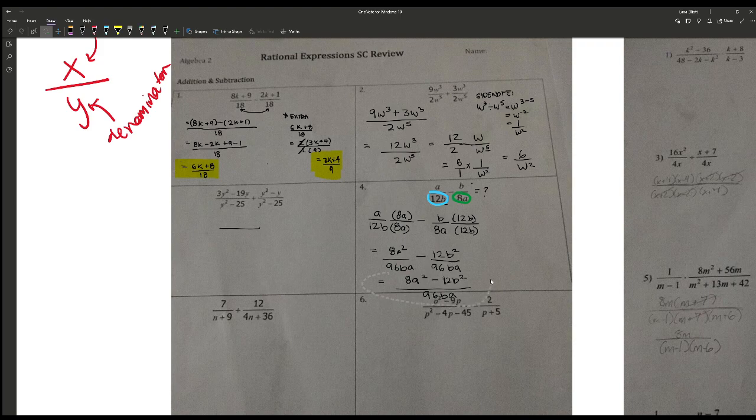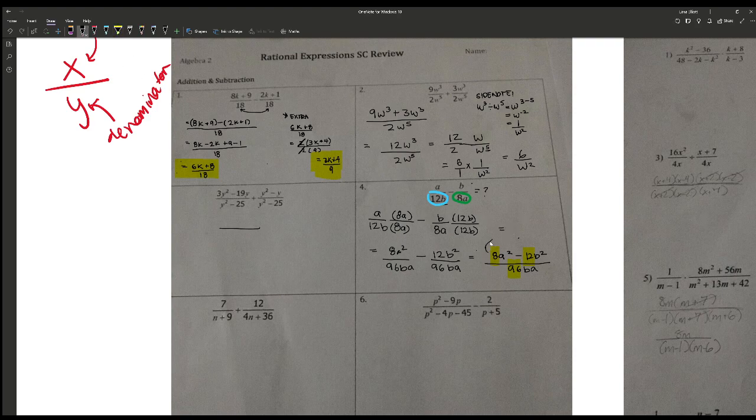So what we get from this, you can totally reduce it because, as you can see, all of these are even numbers. 8, 12, and 96. I'm not going to reduce it, but it looks like you could reduce it by a factor of 4. Actually, I'll do it for fun.